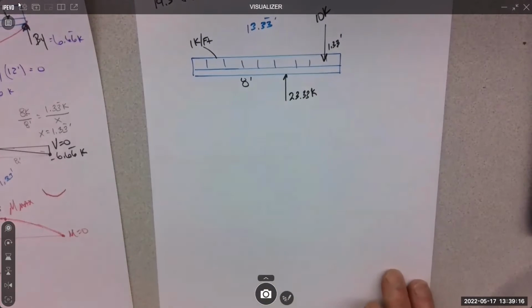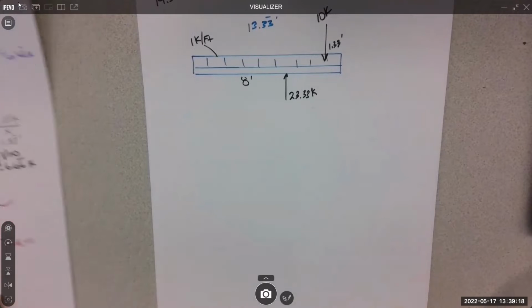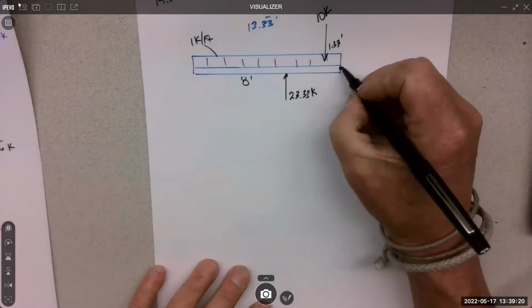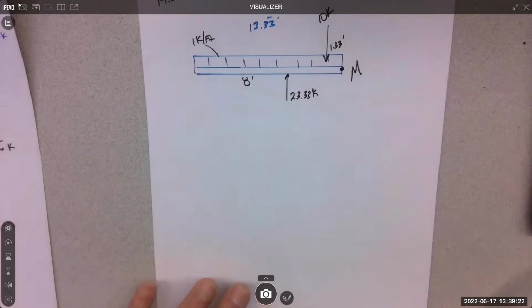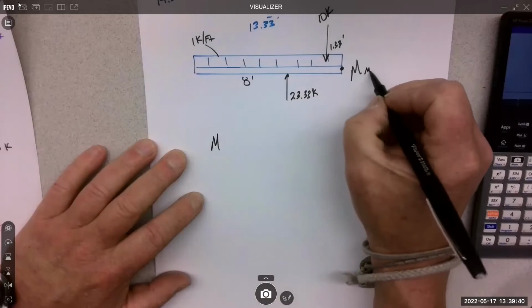1 kip per foot, right? And what we want to know is the moment here. Yeah, I drew it distributed, but when we do this moment, we definitely have to concentrate it for sure. So moment, I'll just call it max.